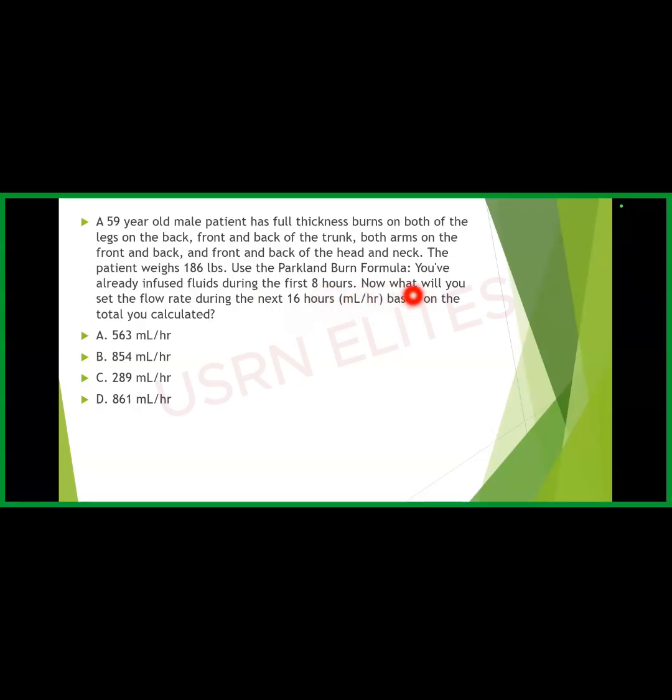Up to this point, where I've placed the marker, we've used the Parkland formula. Then we have a certain volume, and we divide it by 2. Following every time when you finish, you need to divide it by 2. It's a rule. Divide it by 2, and the first half, give it within the first 8 hours. It is a rule in resuscitation.